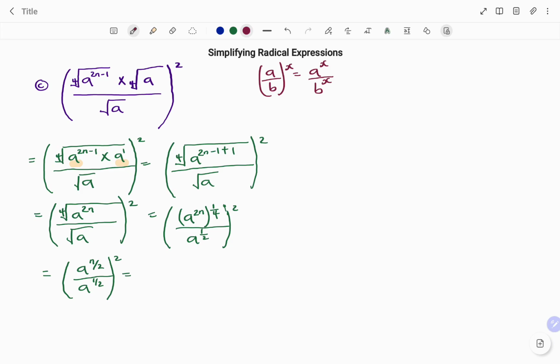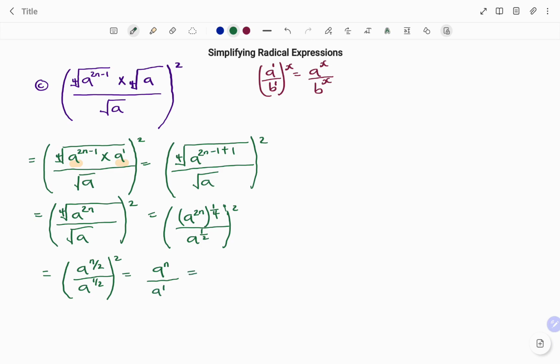The exponent outside is going to multiply all the exponents inside the bracket. So simplifying further, for my numerator, a to the power of n over 2 times 2, that will be n, divided by 1 over 2 times 2, that's a to the power of 1.